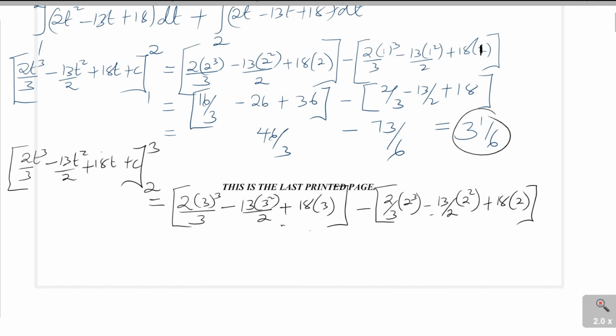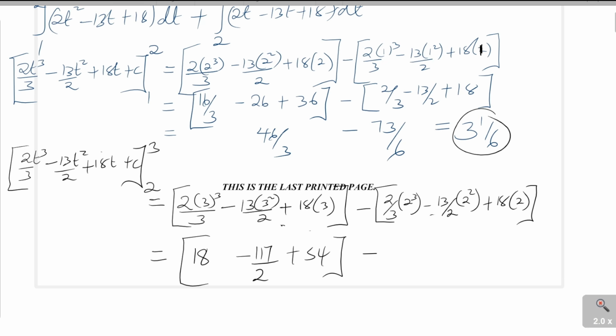Now you can use your calculator to simplify these. 3 cubed divided by 3 gives 18, then 13 times 9 divided by 2 gives 117 divided by 2, then this will give 54. Then subtract.